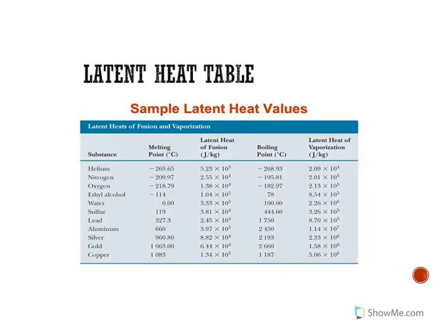Our latent heat table, so there are many latent heat tables. Here's one, right? We have a few examples of melting and boiling points here. We have helium with a melting point of negative 269.65 degrees Celsius and a boiling point of just slightly higher, actually.